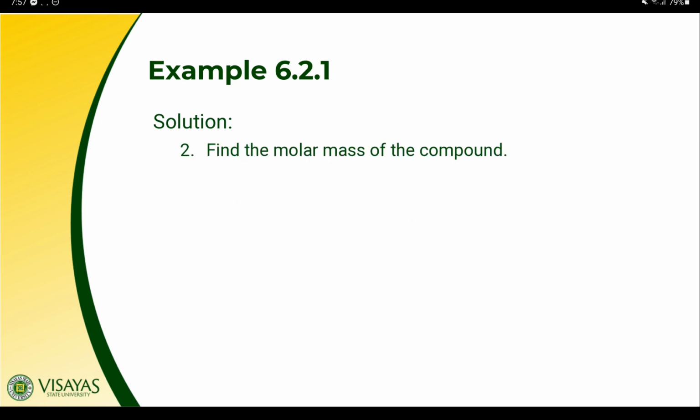Now, in the compound, remember the formula is C10H14O. Okay, so we compute first the molar mass of carbon.